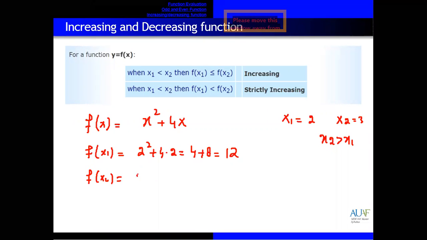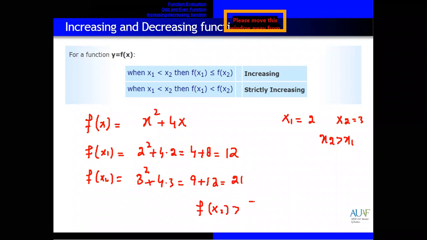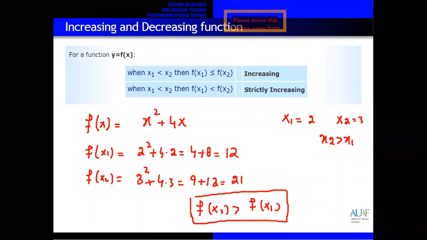So we have 3 square plus 4 multiplied with 3. 3 square is 9, plus 4 threes are 12. 12 plus 9 equal to 21. You can see here, the second value f of x2 is greater than f of x1. So this function is an increasing function, because f of x2 is greater than f of x1.